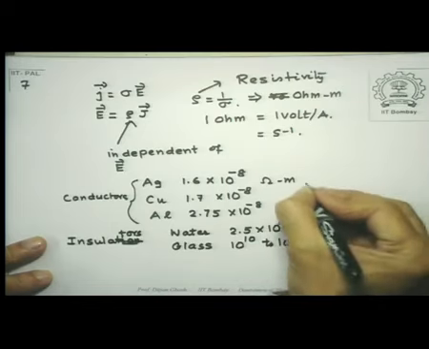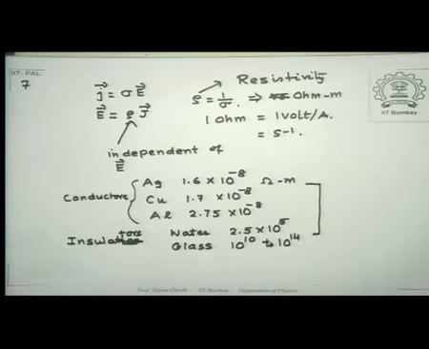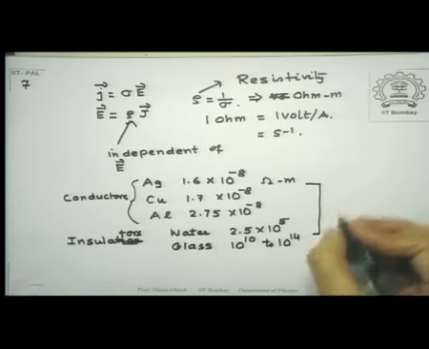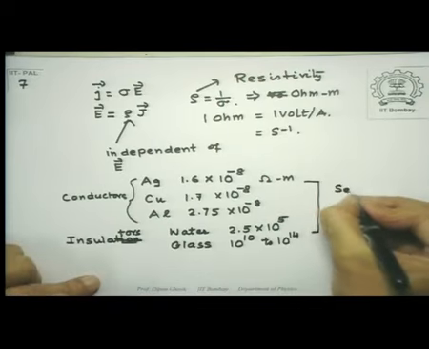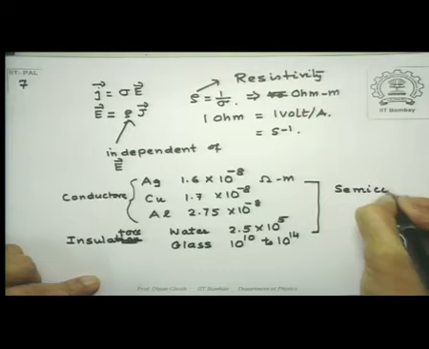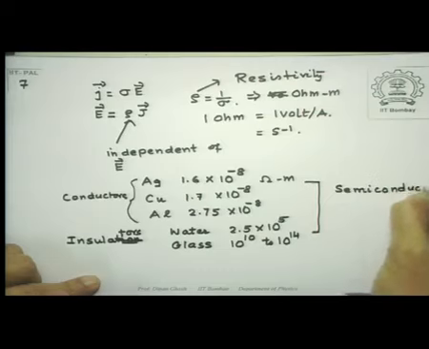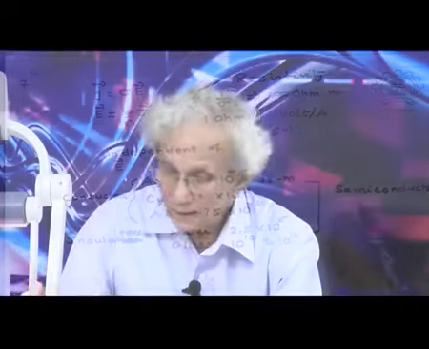Between these two classes, there is a class of materials which are known as semiconductors, about which you will be learning in detail in one or a few of the later lectures. Now, semiconductors are generally insulators at low temperatures, and as the temperature rises, their conductivity increases.